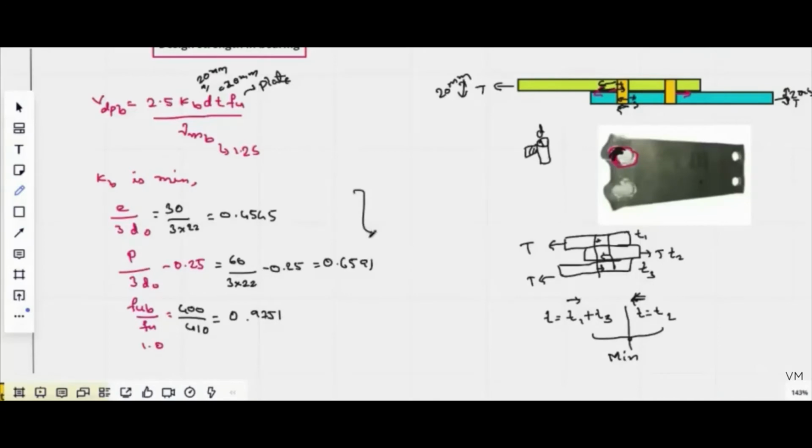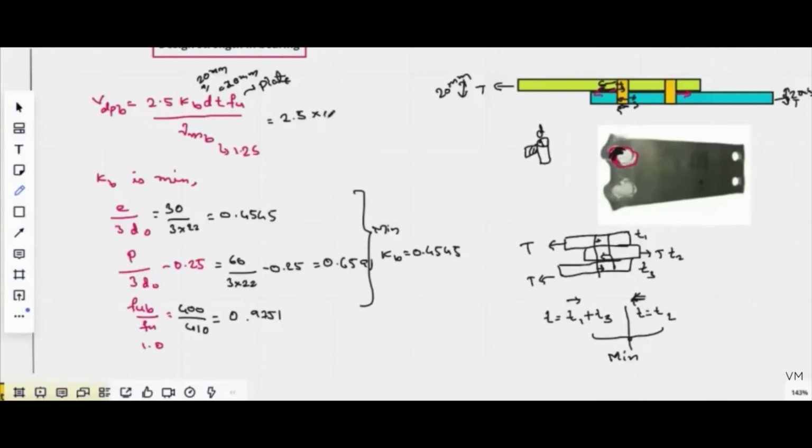KB is the minimum of these values. So in this case, the value of KB will be 0.4545.